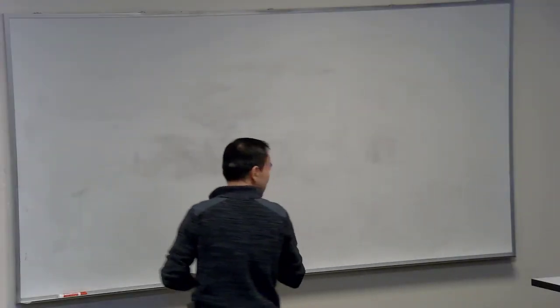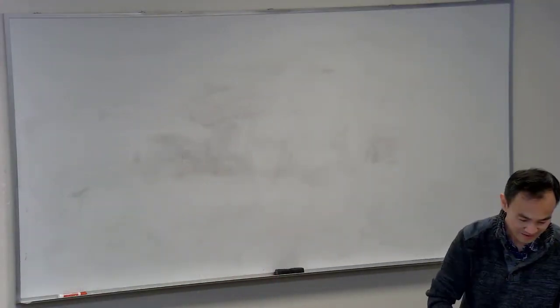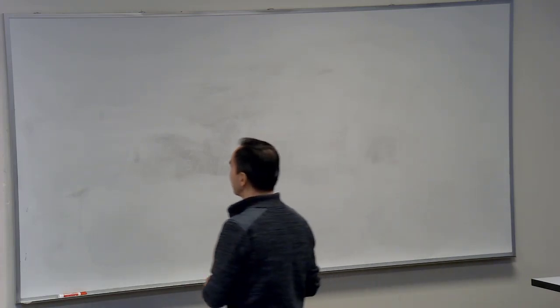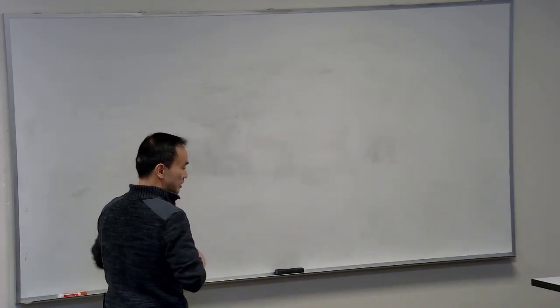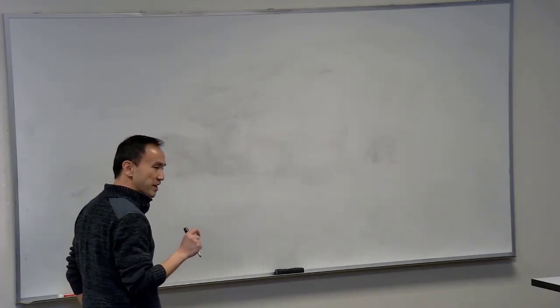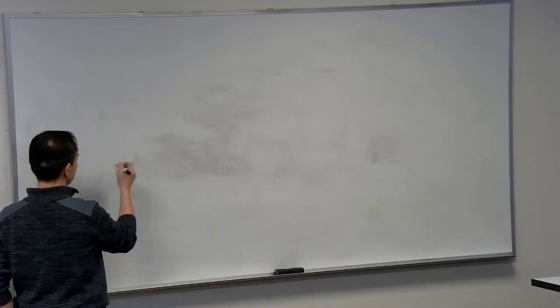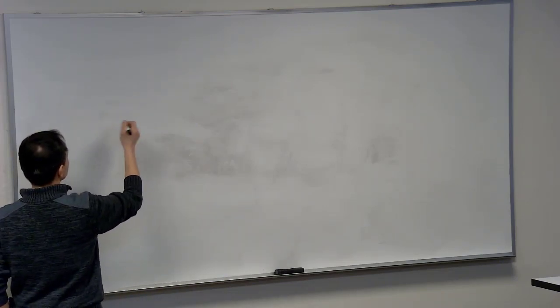Right? So for the Riemann sum here, we've done left endpoint, right endpoint, and midpoint. I also explained that the midpoint is going to be halfway between each.